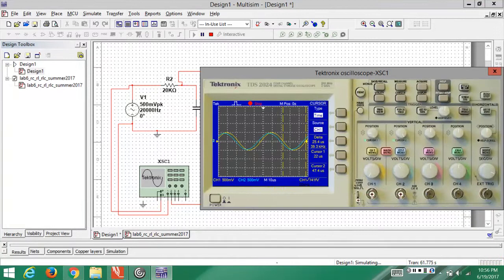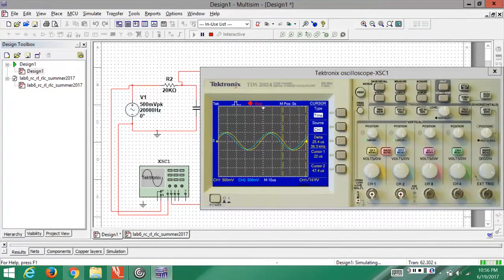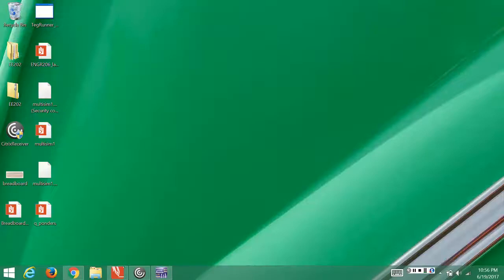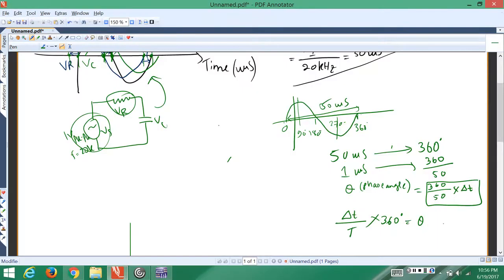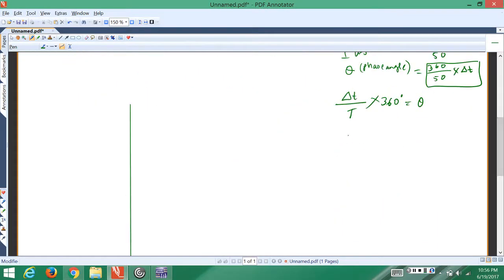And I had channel 1 set at 22. So my del t would be 22 microseconds minus 18.9 microseconds. That would give me 3.1 microseconds.